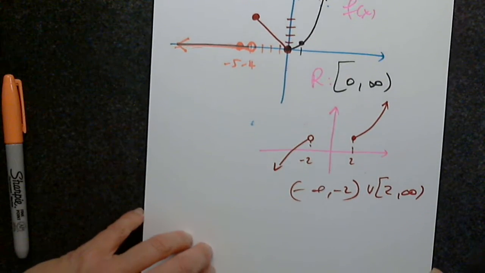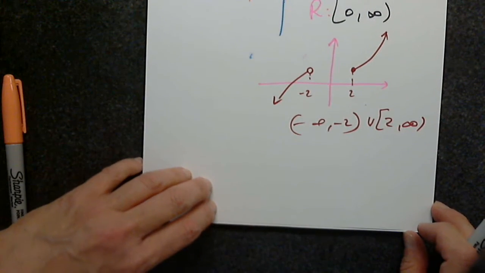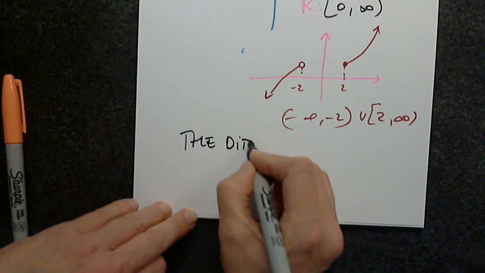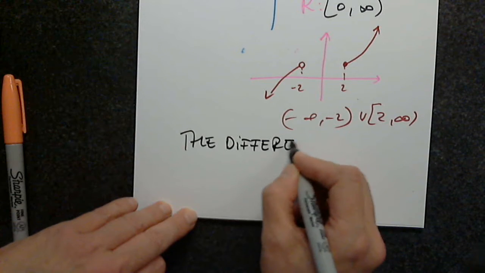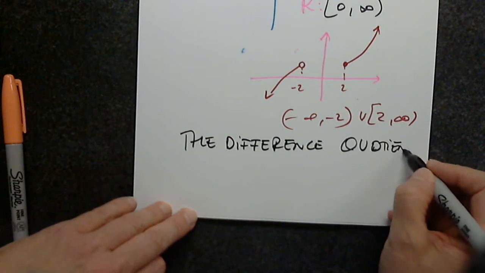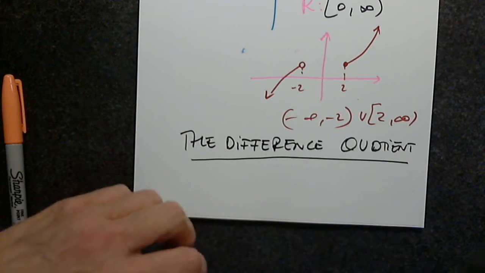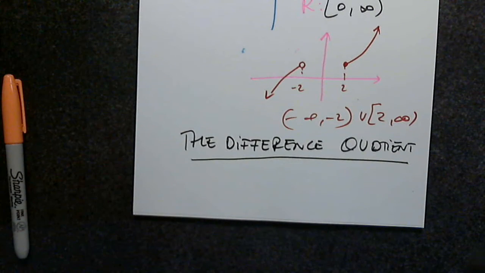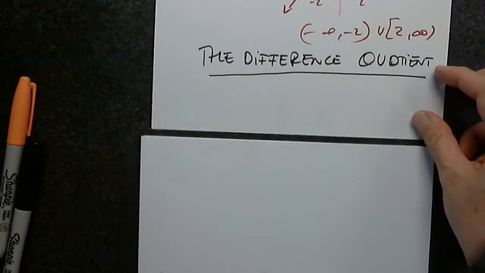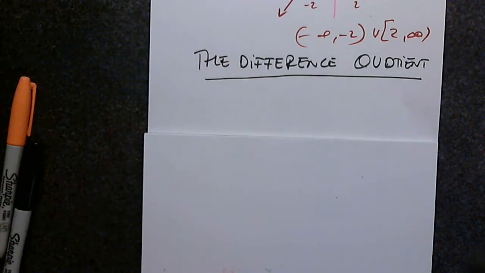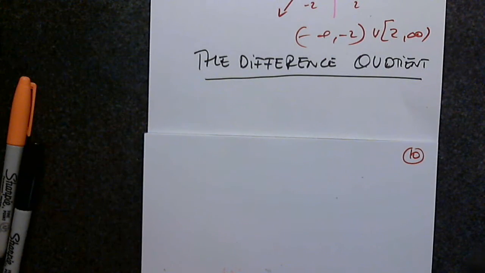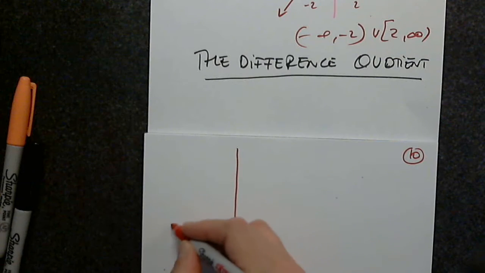Something very important about functions is what is called the difference quotient. I don't want to just throw a definition at you. I'm just going to explain what it is first. And then we will calculate it for one or two functions if we have time, hopefully two. Okay, so look at the following scenario, please.